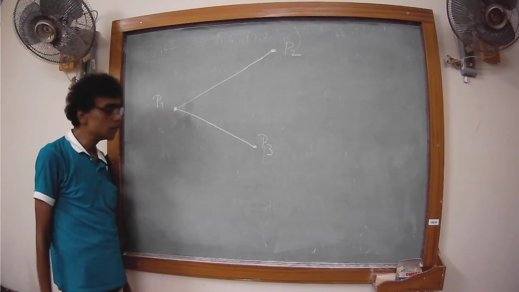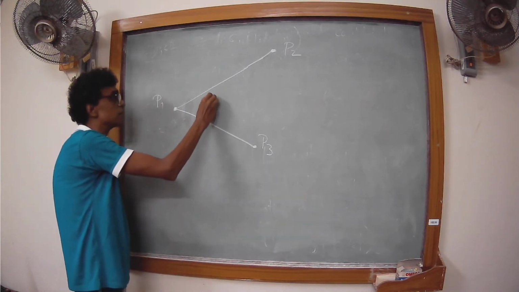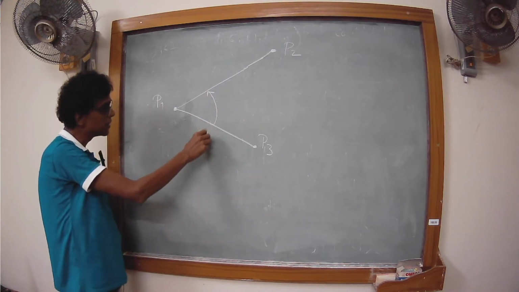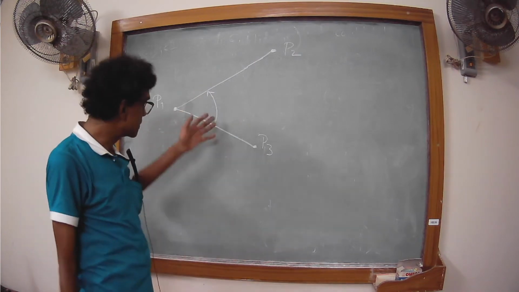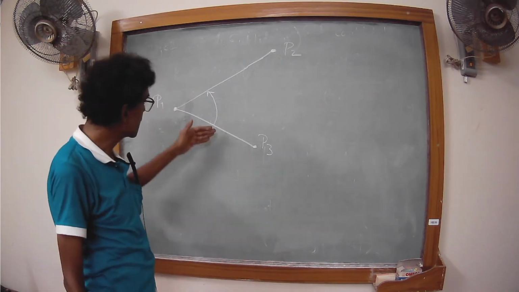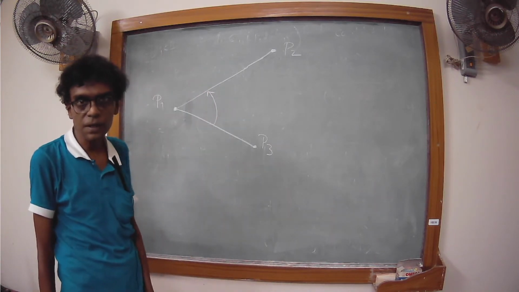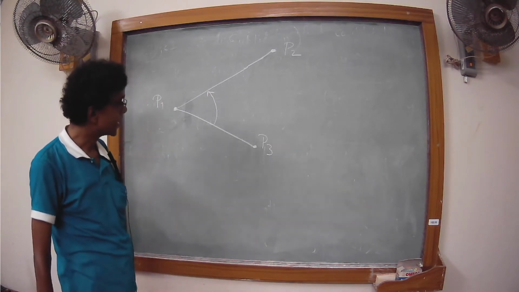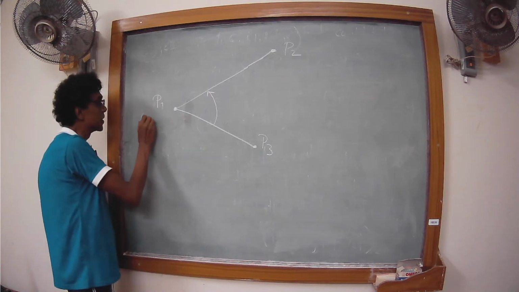And I want to compute the angle maybe in counterclockwise direction. If you compute the angle in the clockwise direction, then it is 2 pi minus this angle. So if I can compute any one of these, I can compute the other by simply subtracting that angle from 2 pi. So how to do it in constant time?